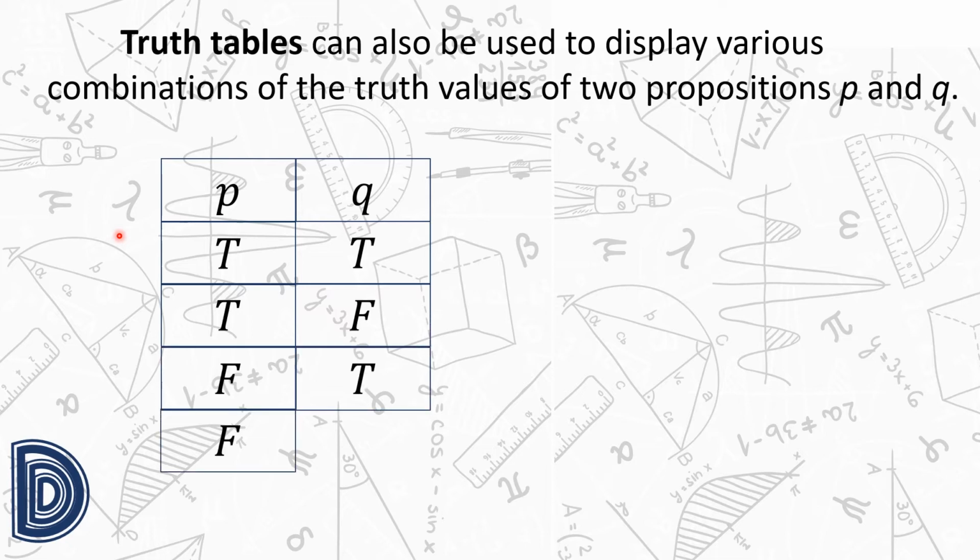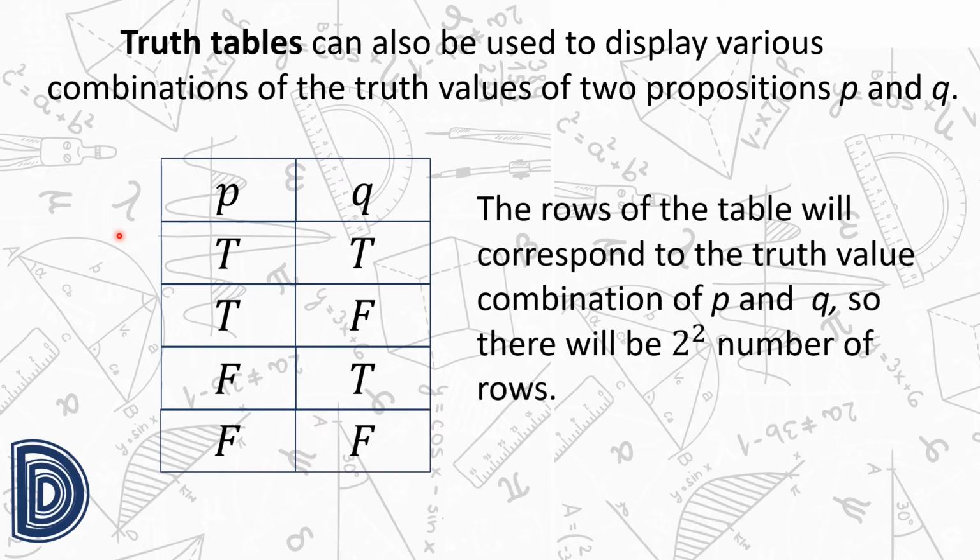Or both of the propositions P and Q are false. The rows of the table will correspond to the truth value combinations of P and Q. Since we have two propositions, there will be 2 raised to 2, or 4 rows.